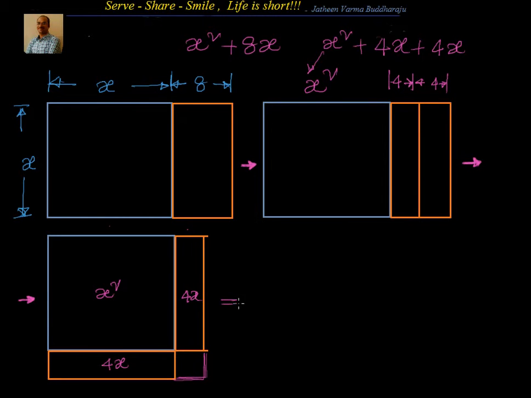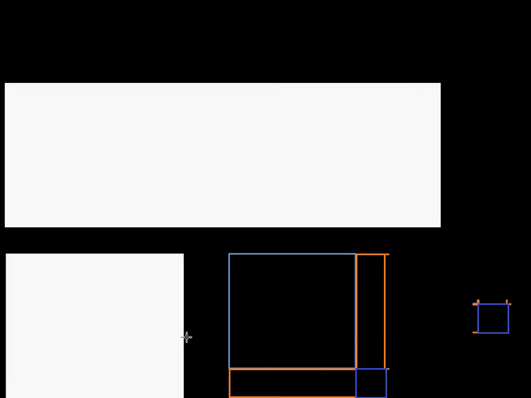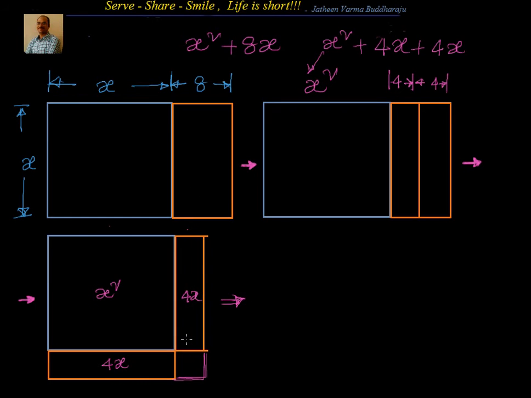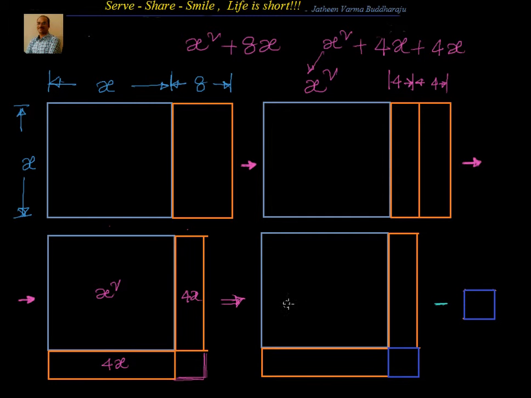So how can I write that in another way? Let us see. Which we can write as x square plus 4x plus 4x, plus 4 square, and subtracting 4 square.